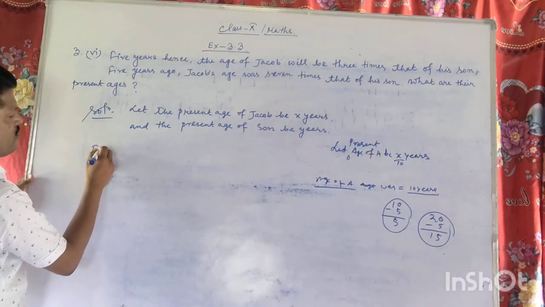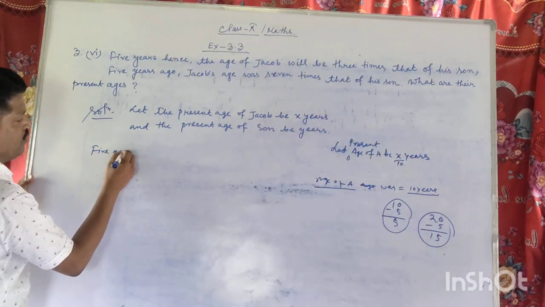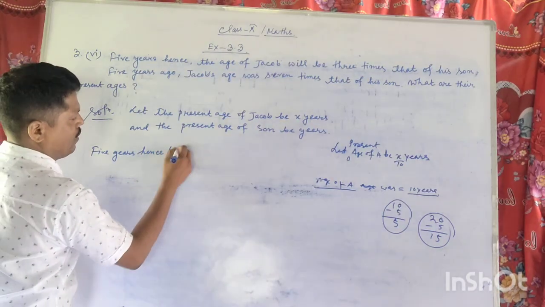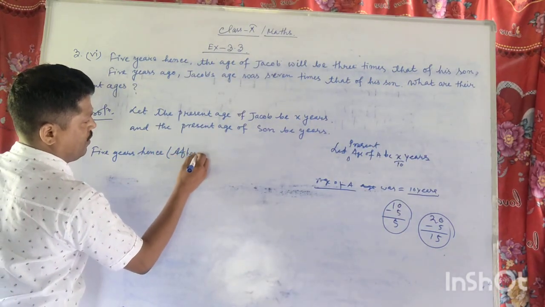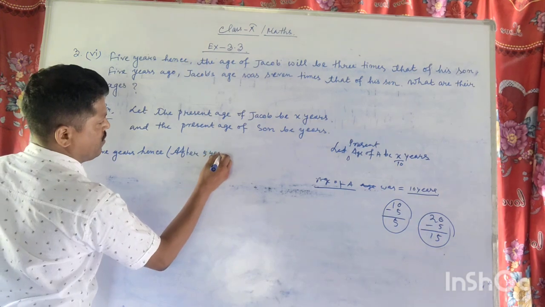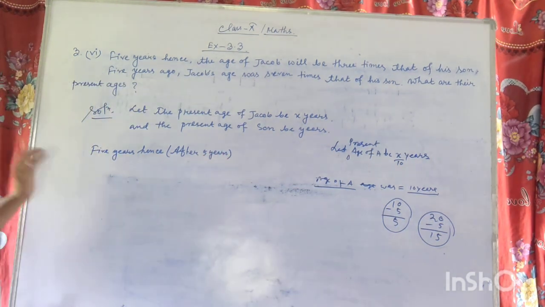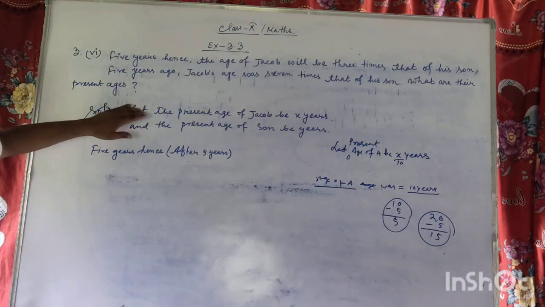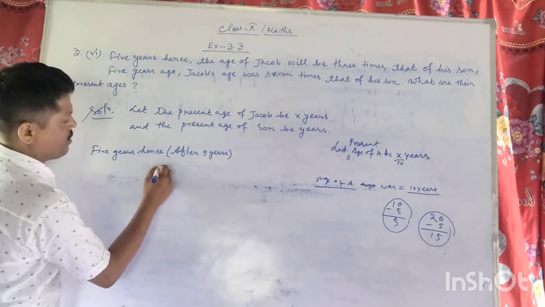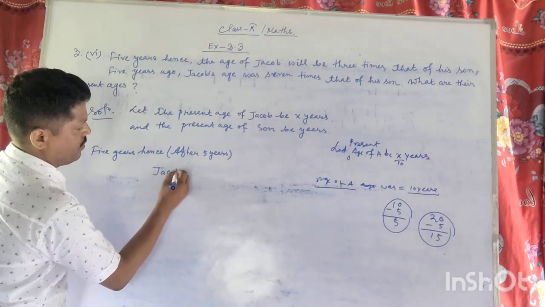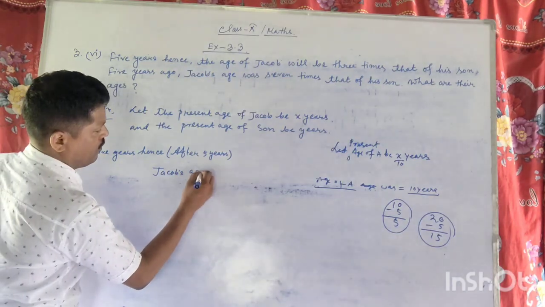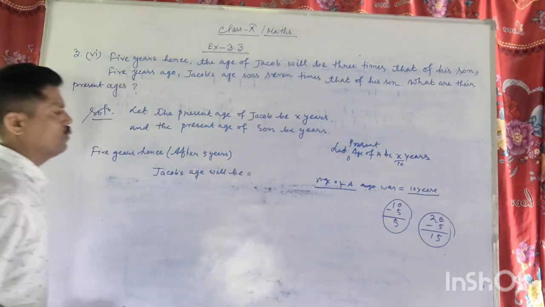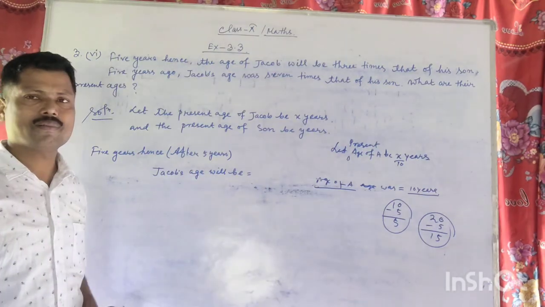5 years hence. This means after 5 years. Jacob's age will be, at that time we have to add this with the present age.